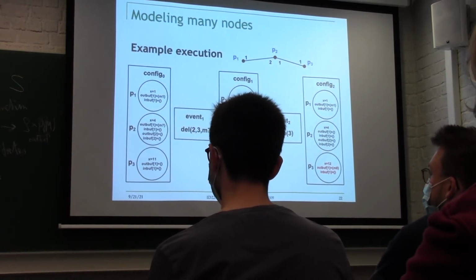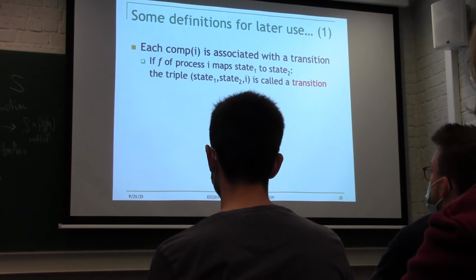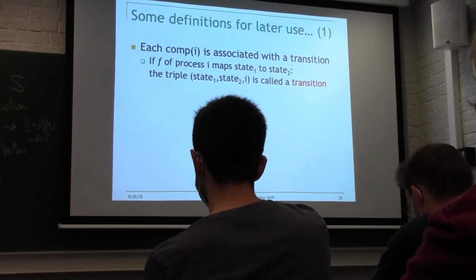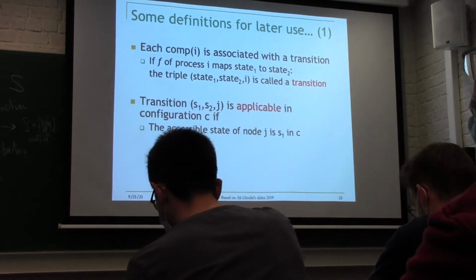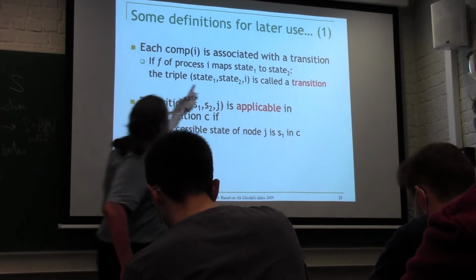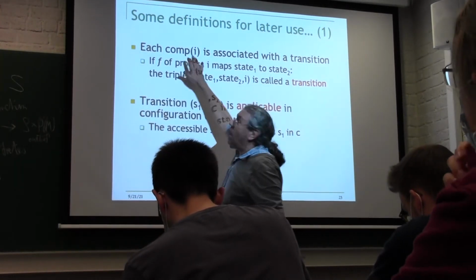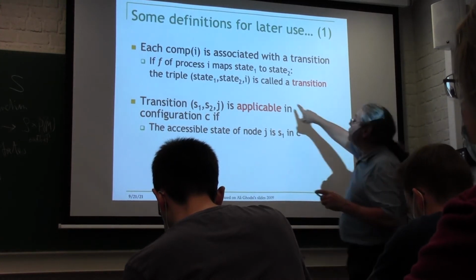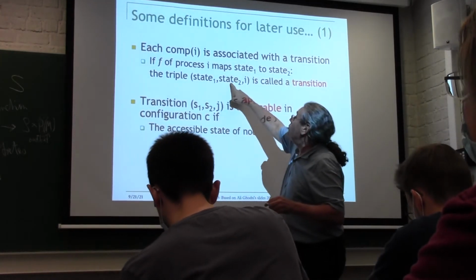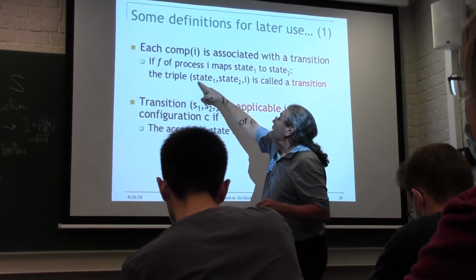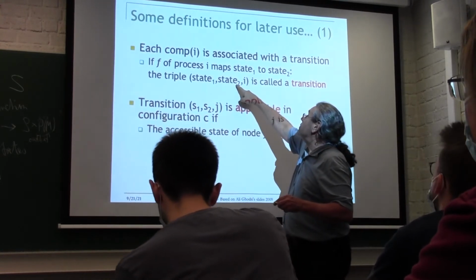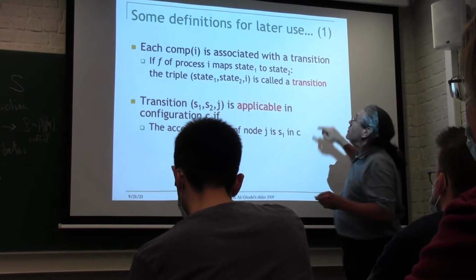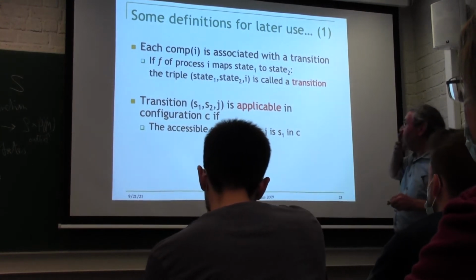I'm going to introduce a little bit of terminology. So, okay, each comp event has a transition, of course. So when I say comp I, it's just like a shortcut, because there's actually a transition with a beginning state of a node I, which starts from this state and goes to this state, node I. So this is the transition.